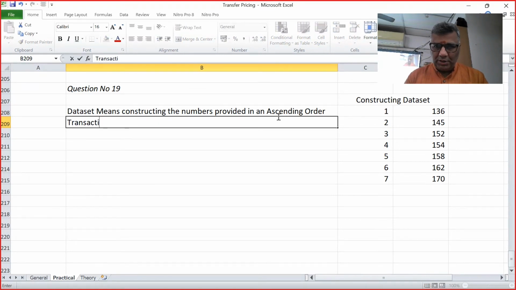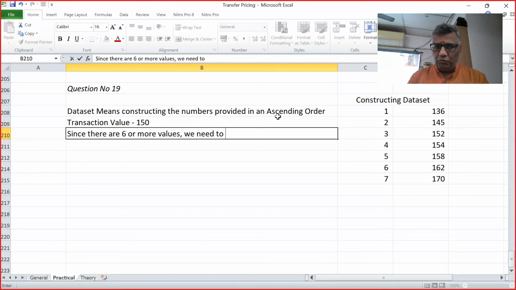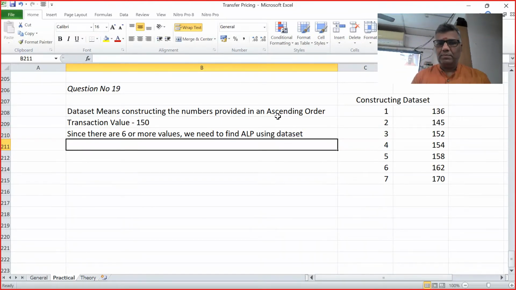Transaction value, the value at which I have transacted is 150. Since there are 6 or more values, we need to find ALP using data set.